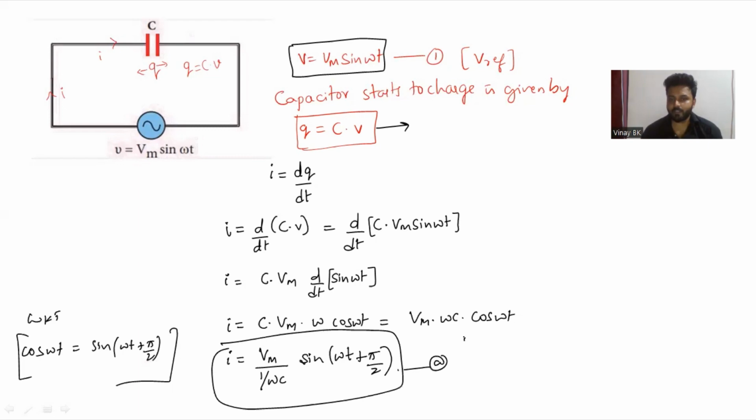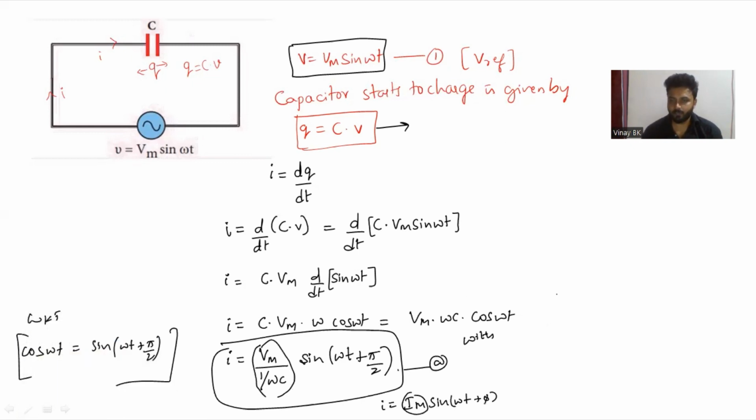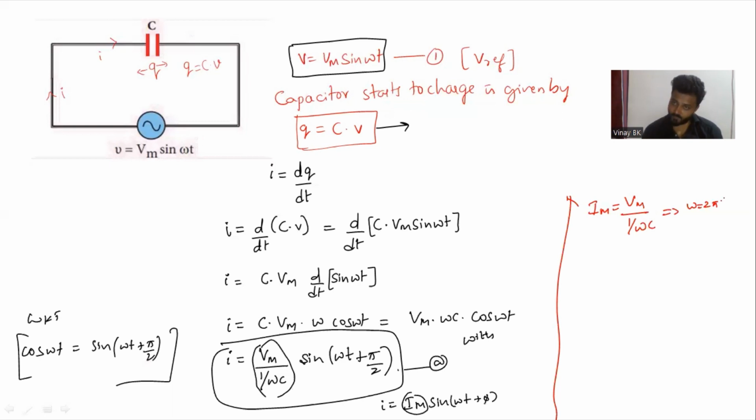Compare equation A with the standard equation, I equals Im sine of omega t plus phi. Now what is Im? Im is nothing but Vm divided by 1 over omega C, where omega is nothing but 2 pi f.